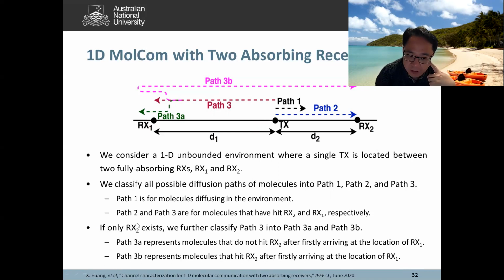And we know that if only receiver 2 exists, we can further classify path 3 as path 3A, which represents the molecules that do not hit receiver 2 after arriving at the location of receiver 1, or path 3B, which represents the molecules that hit receiver 2 after arriving at the location of receiver 1. So these are the system model, and we divide the different diffusion paths of different molecules.